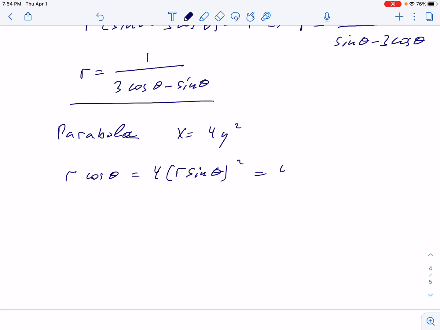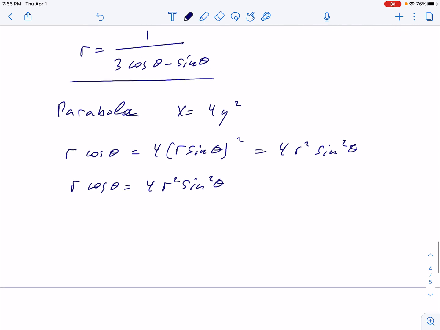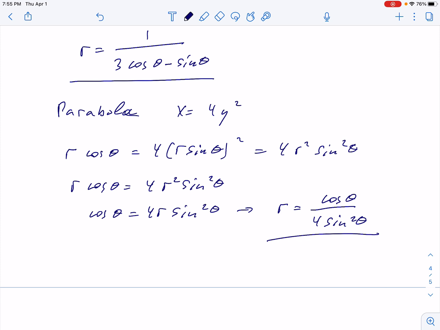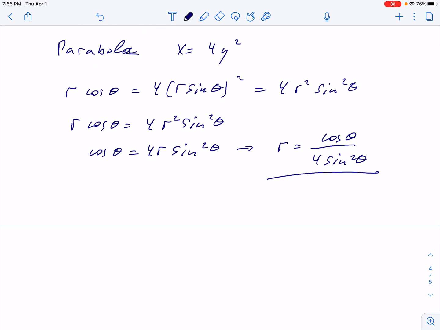So this will be 4 times r squared sine squared theta. Let's write this again: r cosine theta equals 4r squared sine squared theta. We can reduce by r, and this way we get cosine theta equals 4r sine squared theta. Solving for r, it will be r equals cosine theta divided by 4 times sine squared theta. This is our parabola. Again, difficult to recognize.